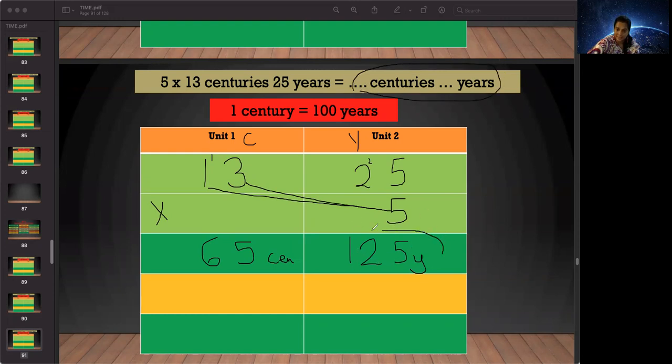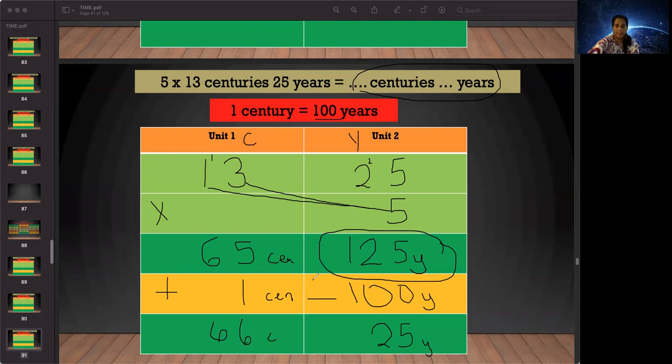We can see that 125 years is more than 100 years, so you take away 100 years and add it back as 1 century. Remember, 1 century is equivalent to 100 years. So 125 minus 100, you are left with 25 years. And 65 centuries plus 1 century is 66 centuries. That would be your answer: 66 centuries and 25 years.